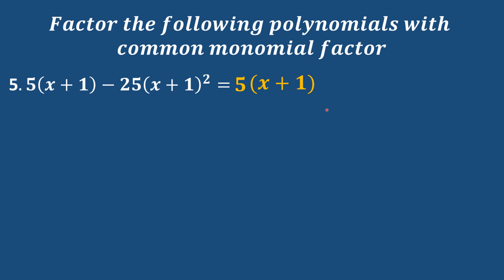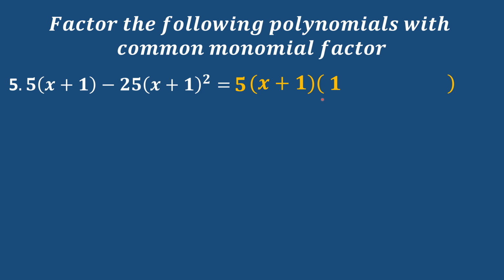So what is its other set? What should be multiplied to 5 times the quantity x plus 1 in order to get the exact given? So let us have this 5 times the quantity x plus 1 divided by itself. Again, 5 times x plus 1 divided by itself, of course, we answer it 1.